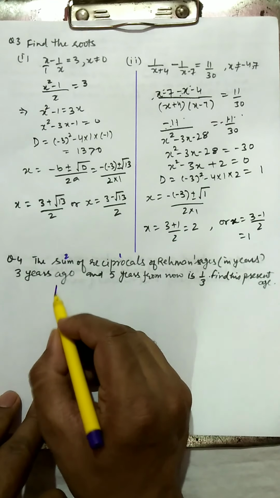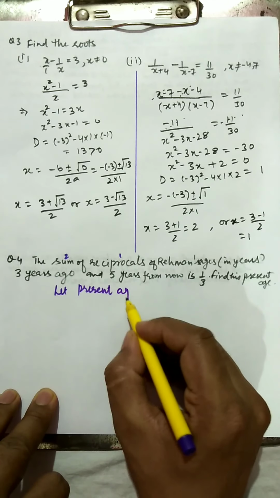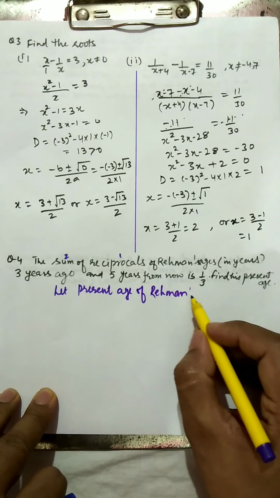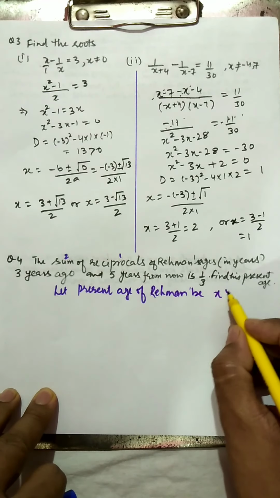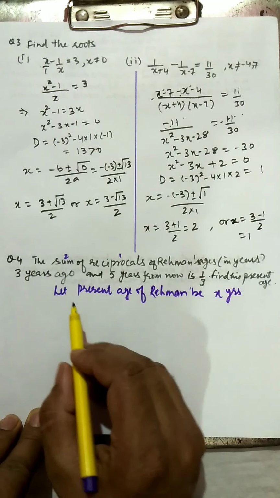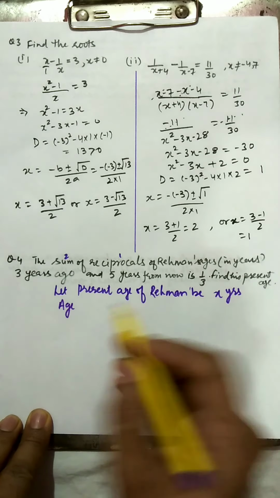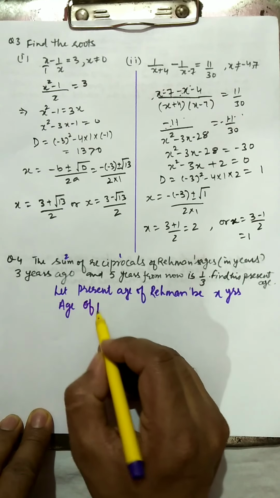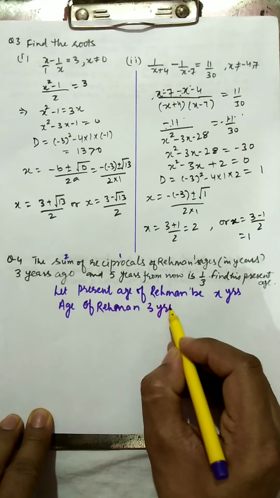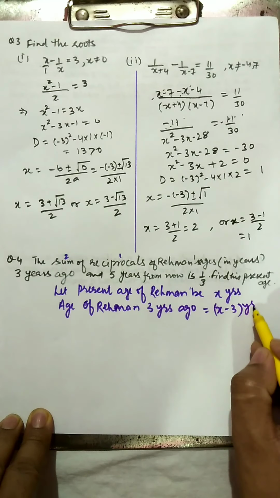So let we start, like let present age of Rahman be X years. If Rahman's age is X years, then according to question, age 3 years ago, age of Rahman 3 years ago, it will be X minus 3 years.